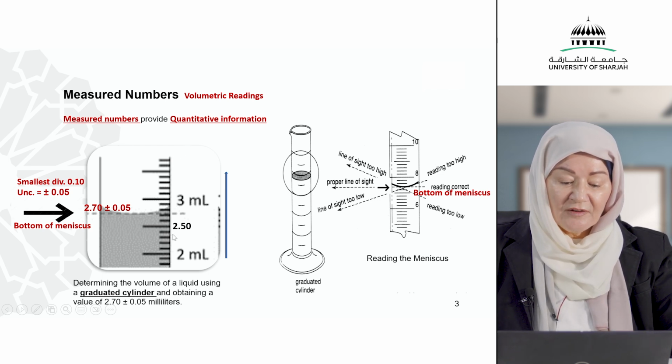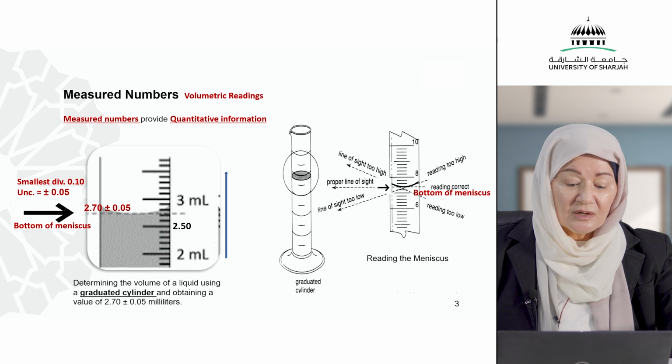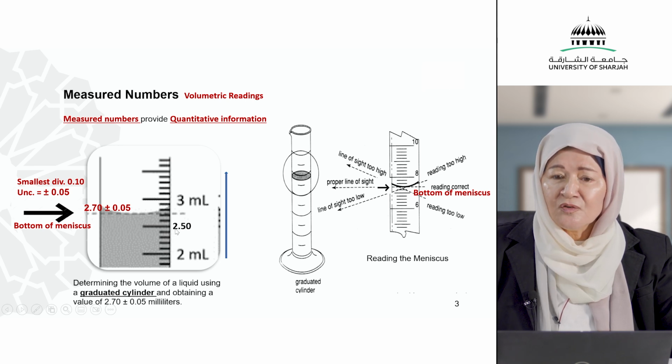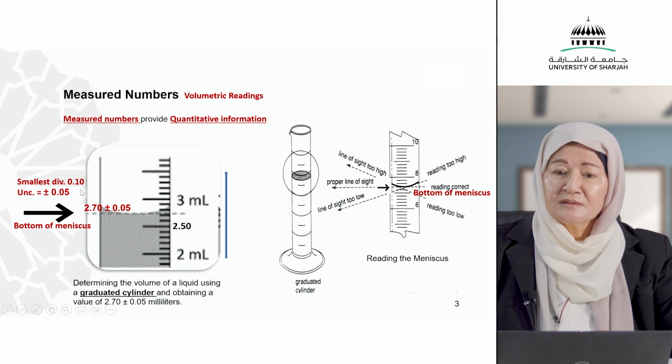In the middle, I have 2.5. I have to check exactly what the smallest division is on this graduated cylinder. How do I read it? 2, 2.1, 2.2, 2.3, 2.4, 2.5. Therefore, the smallest division is 0.1.